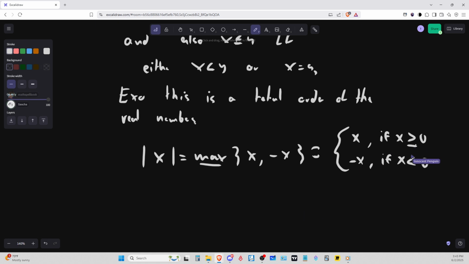Yeah, and you probably want to have an equal sign. Those definitions are exactly the same. Yeah, that's what I remember from the absolute value definition.